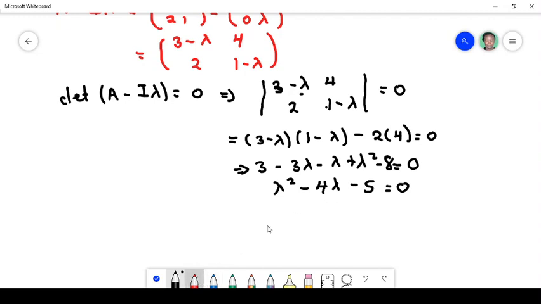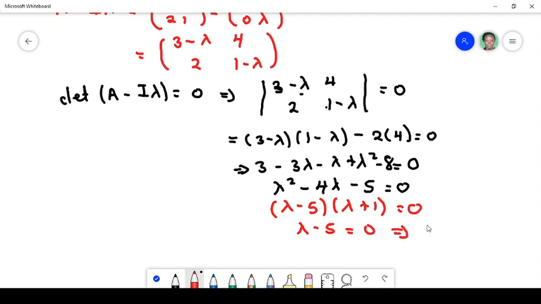If you do so, if I expand, I have lambda minus 5, then lambda plus 1 equal to 0. So what is lambda? Let's solve for lambda. I have lambda minus 5 equal to 0.